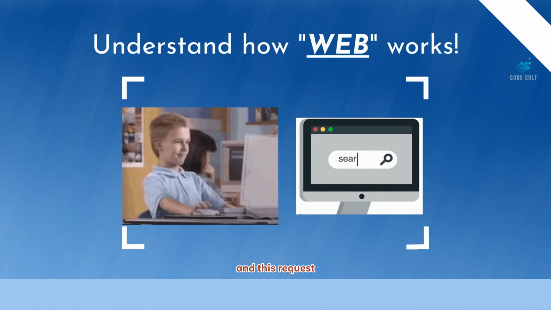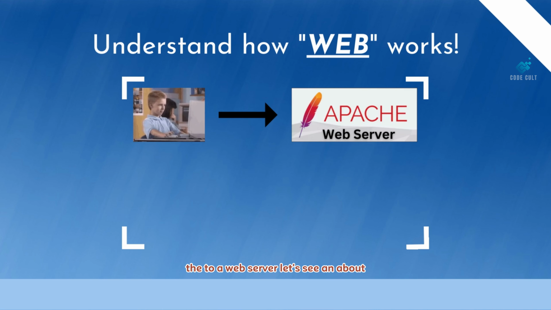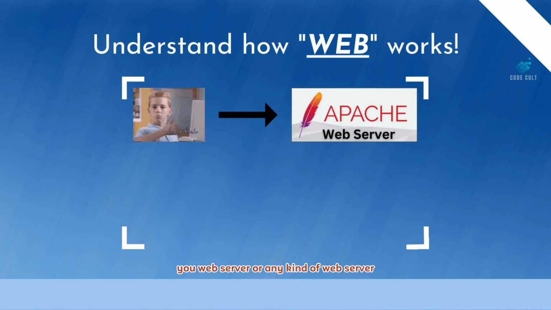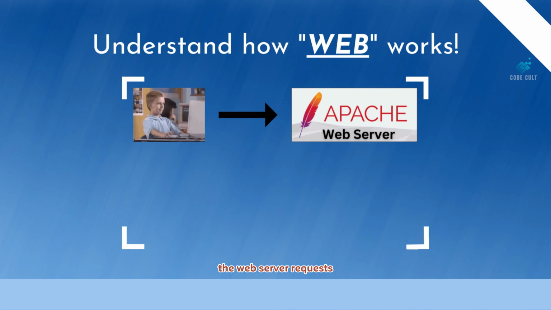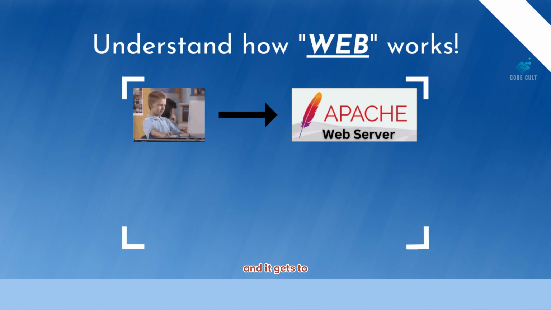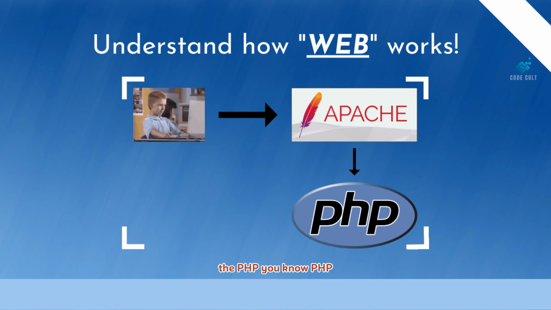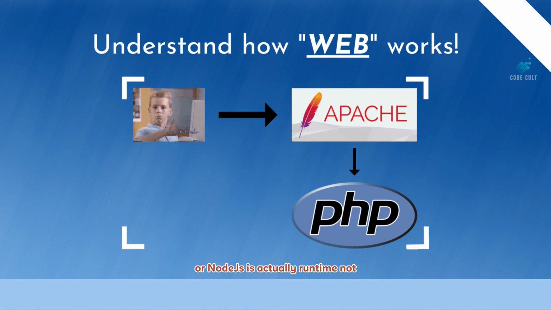If this request gets to a web server, let's say an Apache web server or any kind of web server, the web server requests the certain page he's trying to get, and it gets to the back-end language, which can be PHP or Node.js.